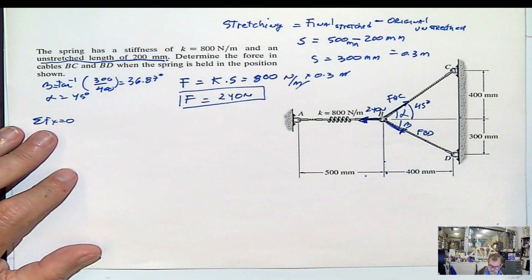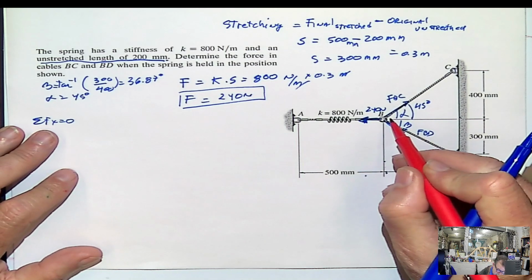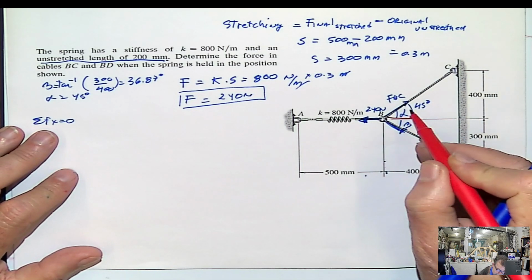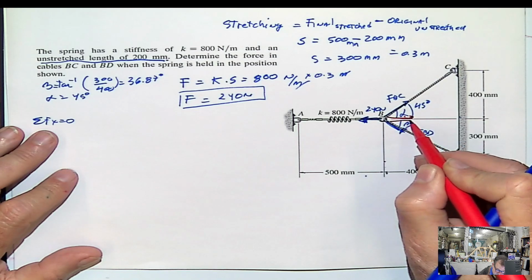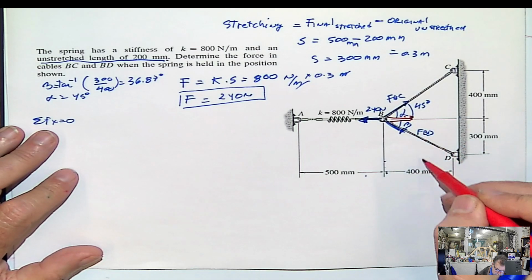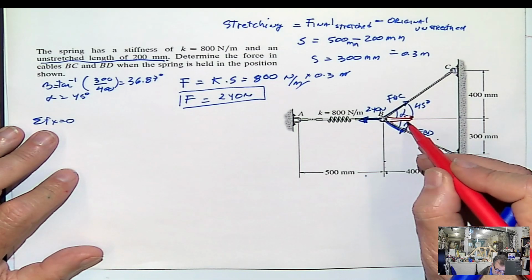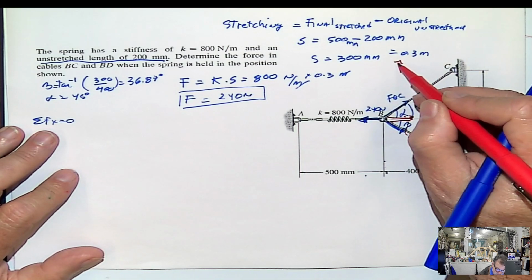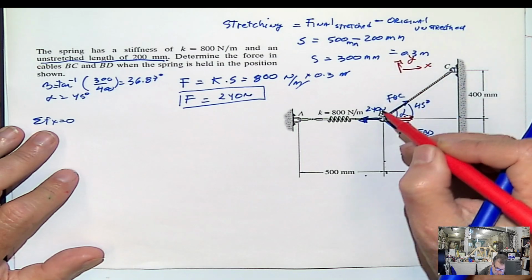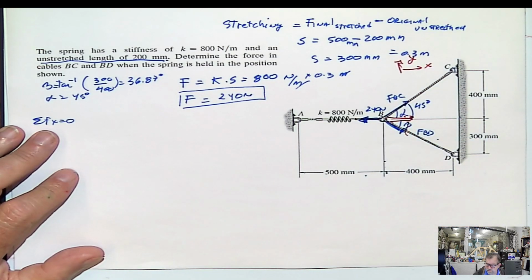So let's do X. This will be FBC cosine 45, this will be FBD cosine beta, and this will be negative 240 because it goes to the left.